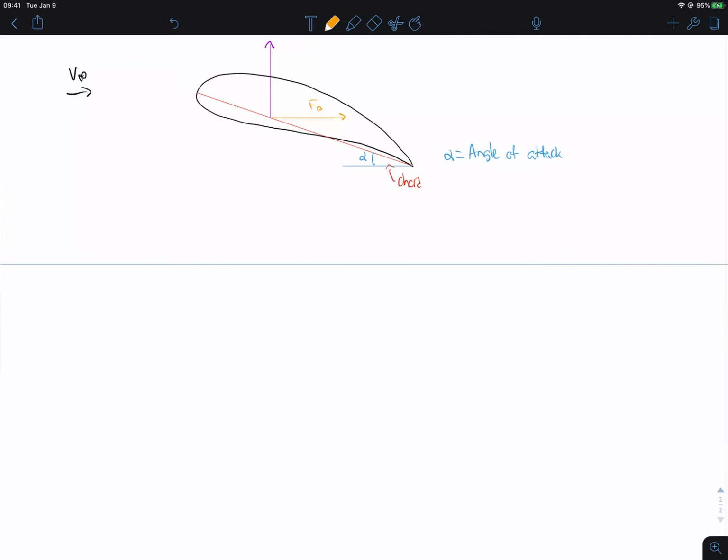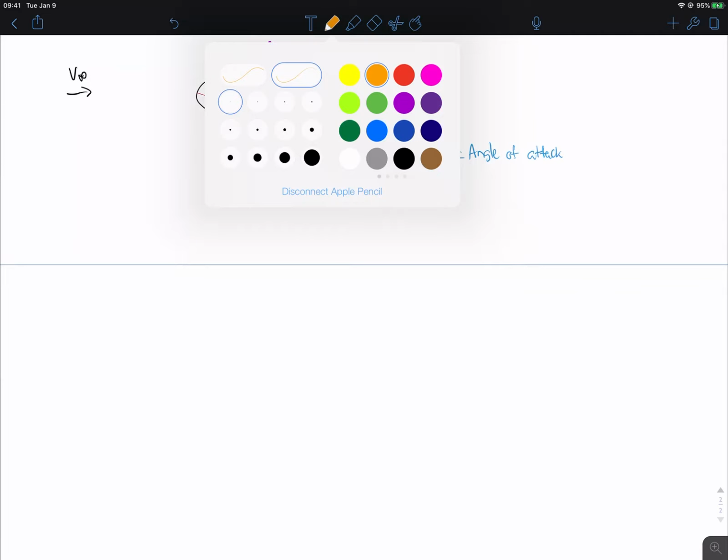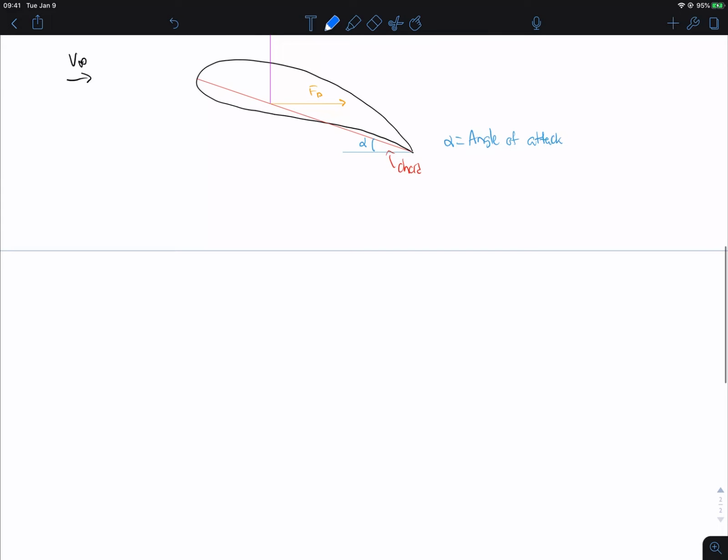I think I mentioned this before, but basically what we're going to be solving for in a few of the data reduction questions are the coefficient of lift and drag. So let's write this out, and we'll talk about how to solve for it.